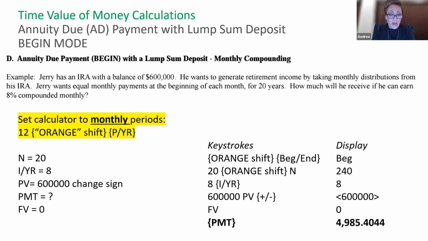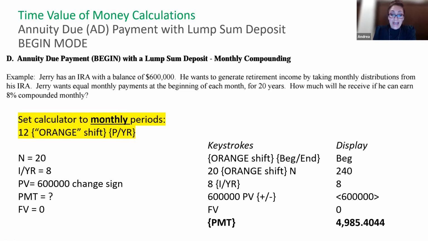Again, we're going to set our calculator to monthly periods. You should already be in begin mode because we've been in begin mode already. So it's going to be for 20 years, orange shift button in for 240 months. And he's going to be earning 8%. His present value is $600,000.